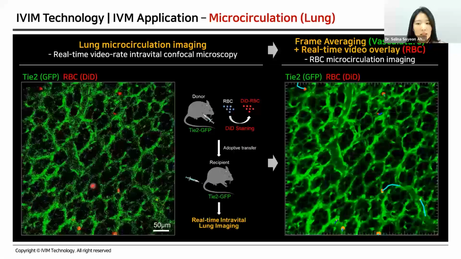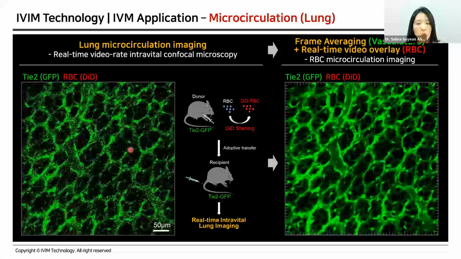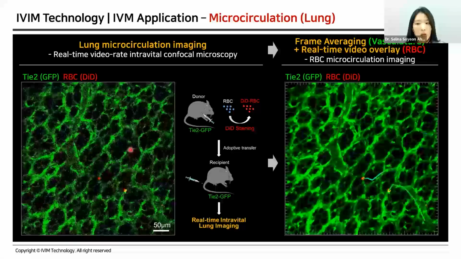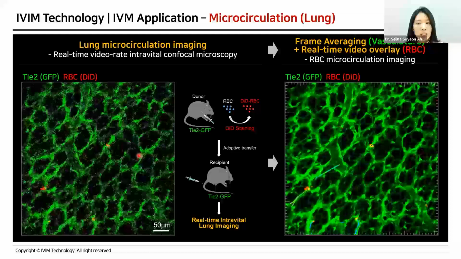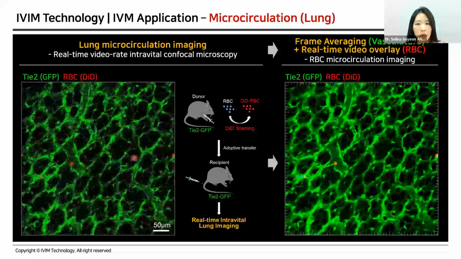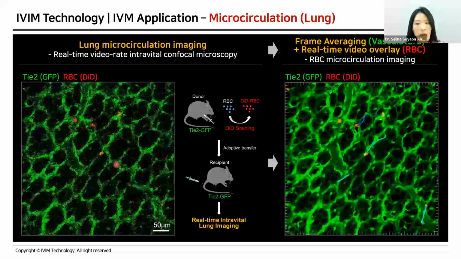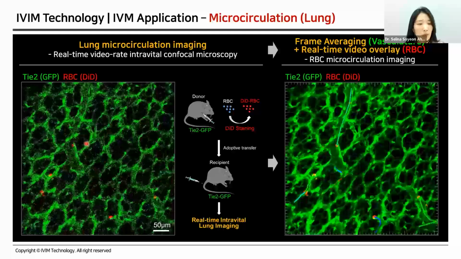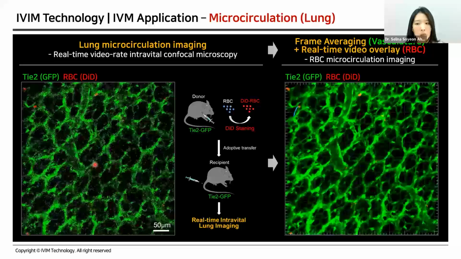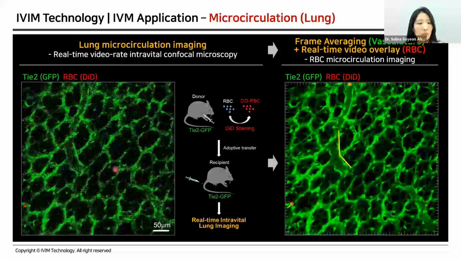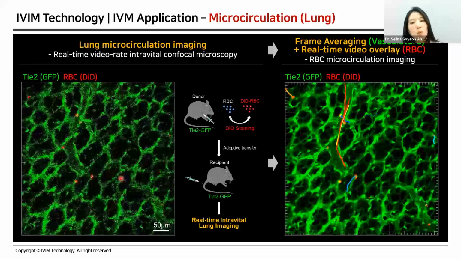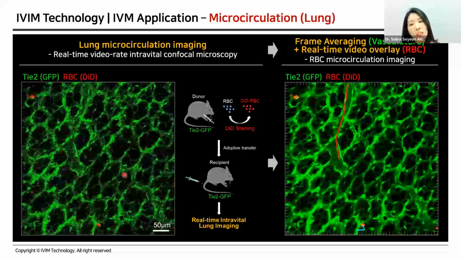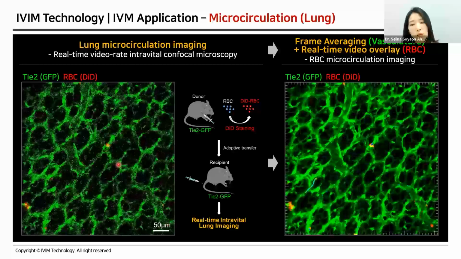So utilizing this in vivo lung imaging platform with the stabilized lung window chamber, we can acquire this kind of high quality real-time microcirculation movie of red blood cell flows inside the pulmonary vasculature. This is one of the in vivo lung imaging examples acquired from the healthy mouse model.